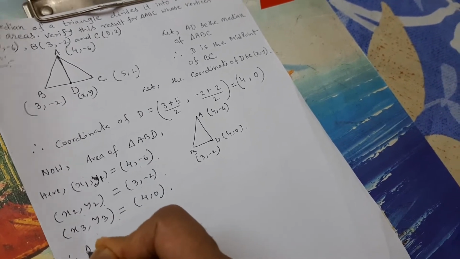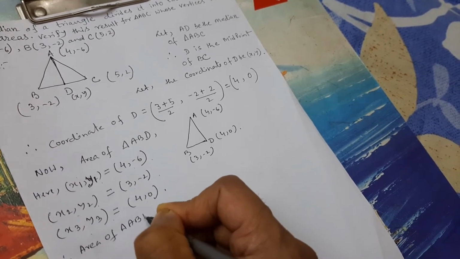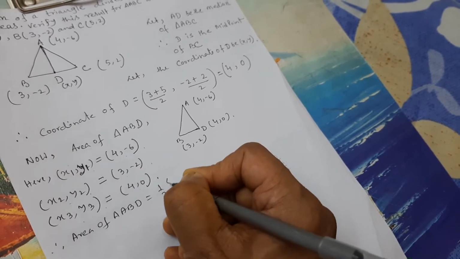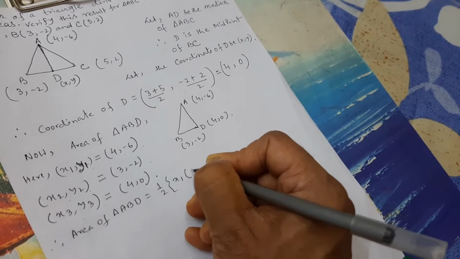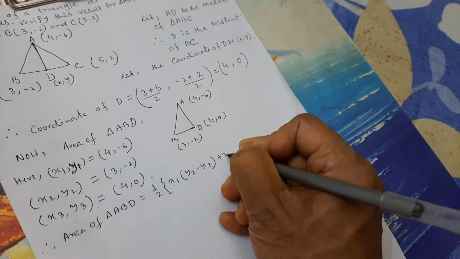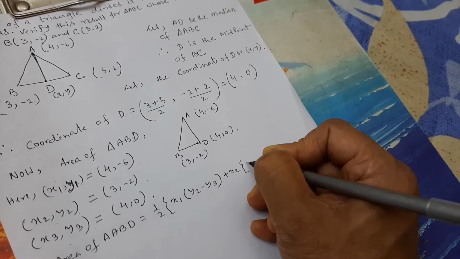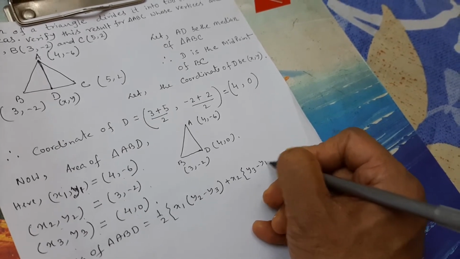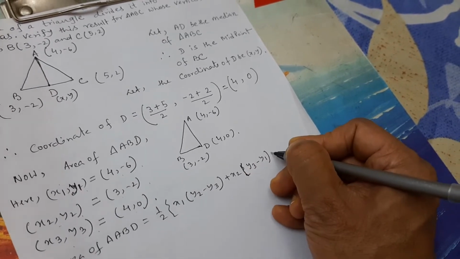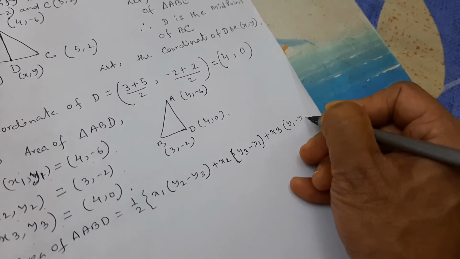So therefore area of triangle ABD equals, the formula is half into x1 (y2 minus y3) plus x2 (y3 minus y1) plus x3 (y1 minus y2).